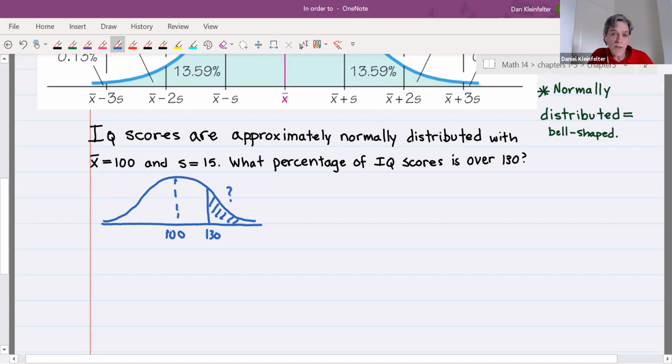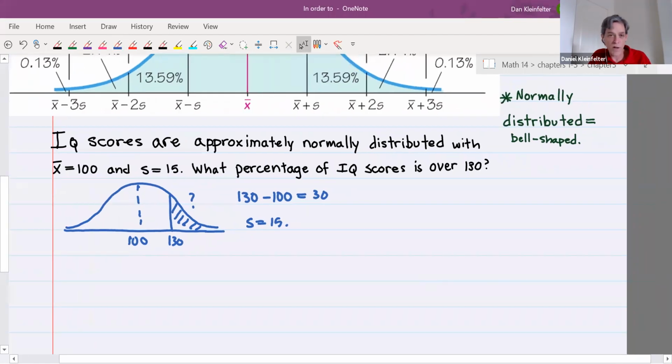So in order to do that, I should know how far is 130 over 100 in terms of standard deviations. So 130 minus 100 is, of course, 30. And we're told that the standard deviation is 15. Okay, and how many times does 15 go into 30?